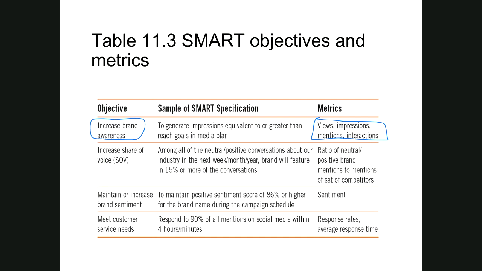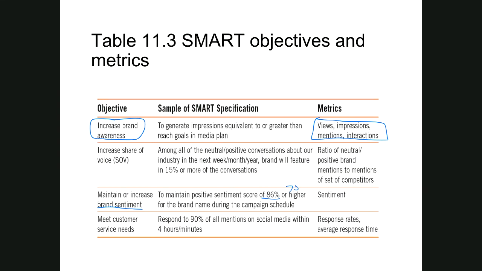Now, if we were another company, let's say Walmart, and they get a lot of bad press, their goal may be they want to improve the brand sentiment. So they might attribute a score to it. Let's say that last year their brand sentiment was 75% positive.